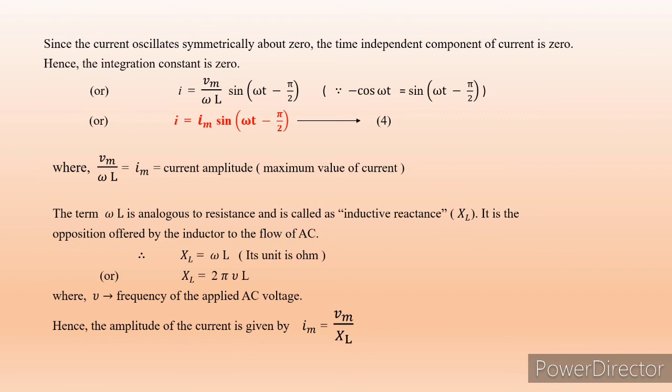This is equation 4, where Vm by omega L equal to Im is called the current amplitude, which is the maximum value of the current.